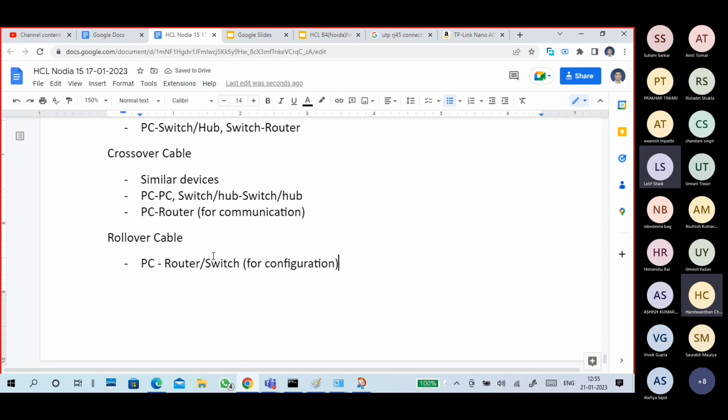Okay, it is a console connection. So how is it connected?